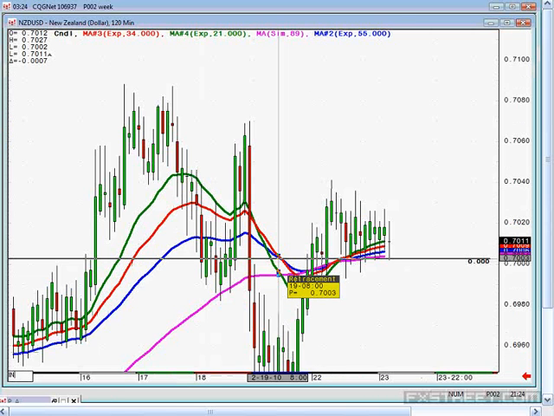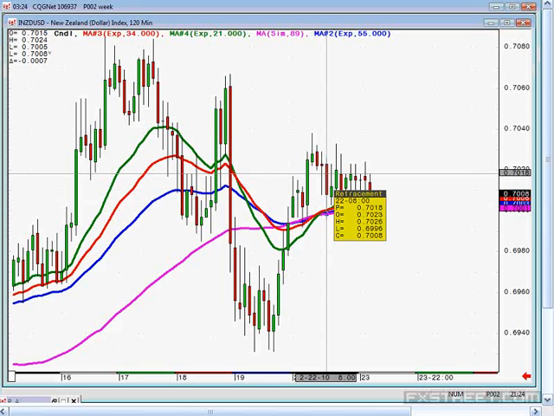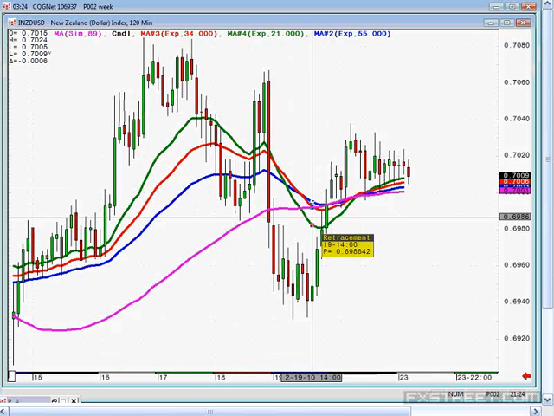See, this is a 2 hour chart, and this is New Zealand US. If you notice on this particular chart, it has been in range trading for almost 24 hours, meaning for the last day, the whole day, it has been in range trading.